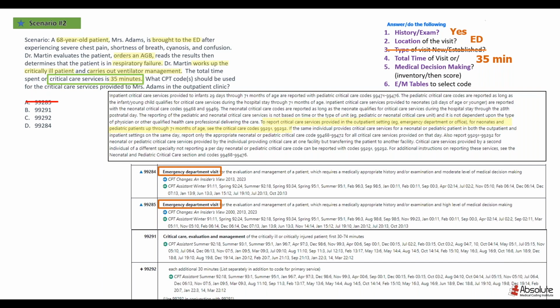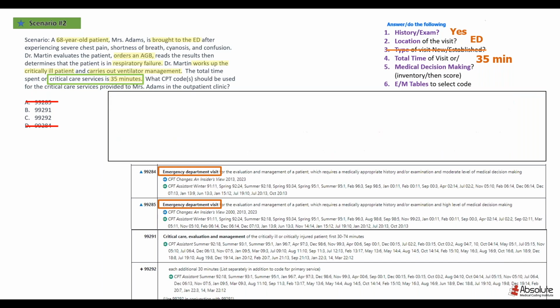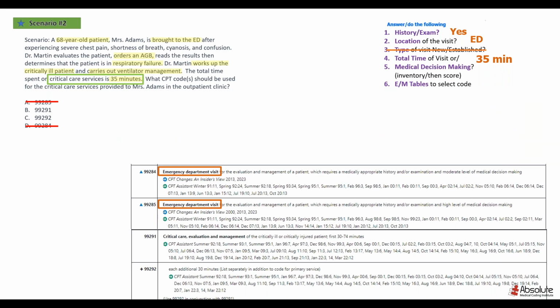We also have critical care service which has been provided in the emergency department in our scenario. So that would eliminate option A and option D, because we are going to code for critical care services here. We are not going to code from the emergency department. So option A and D is incorrect.